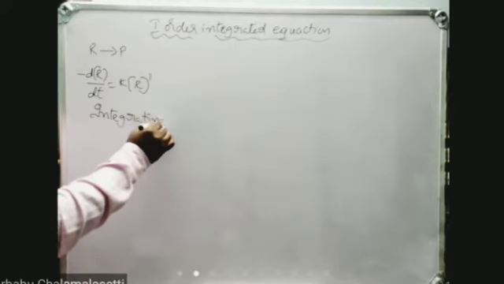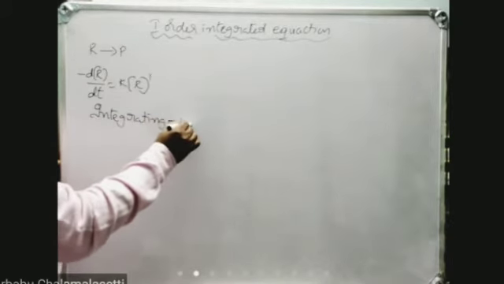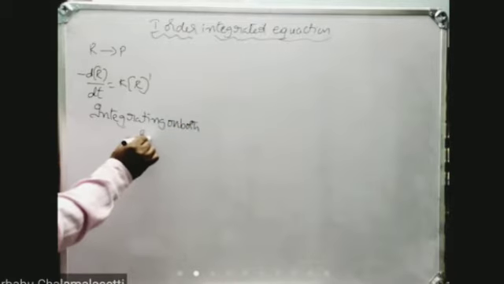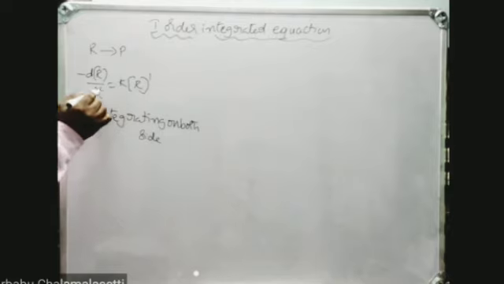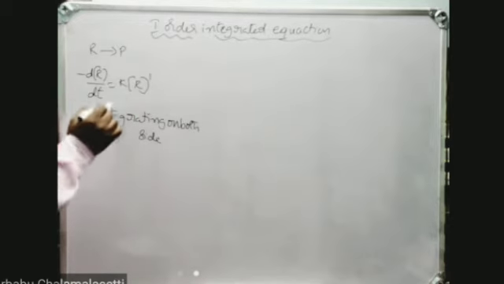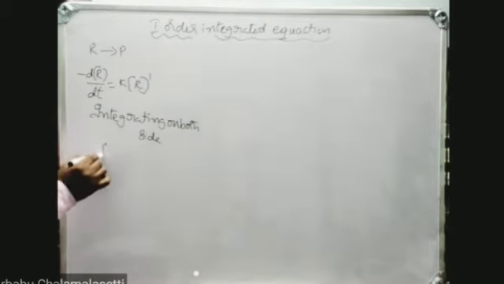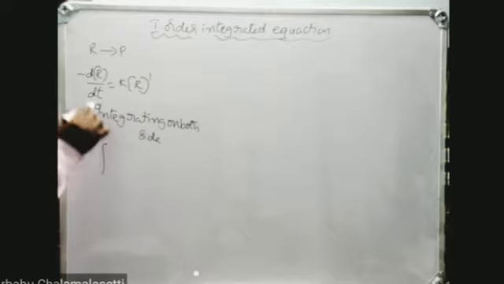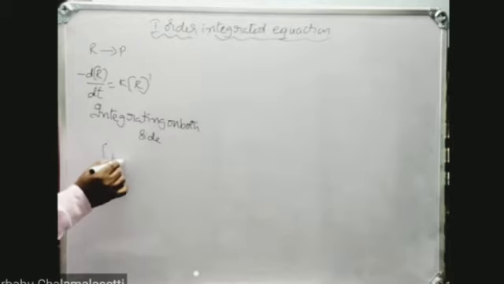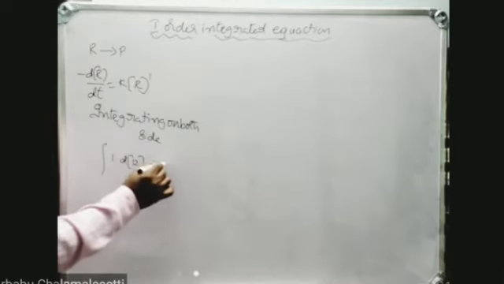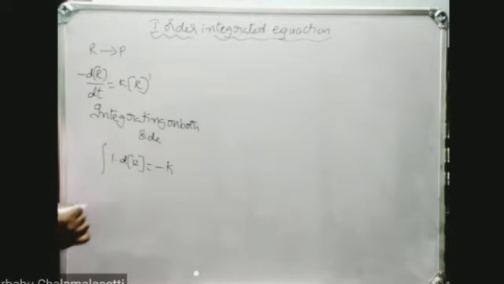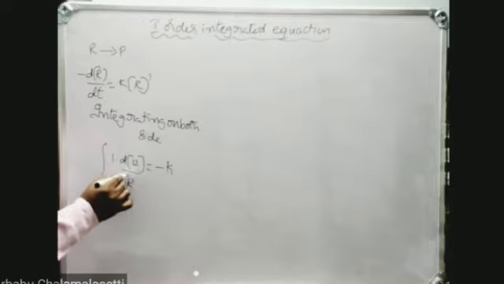Next, integrating on both sides. Otherwise you can convert this equation: minus dR by R is equal to k dt.